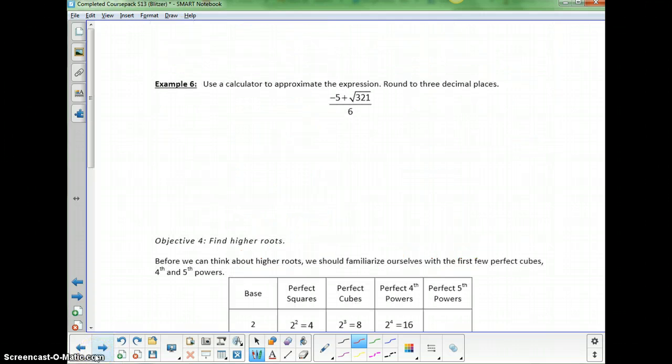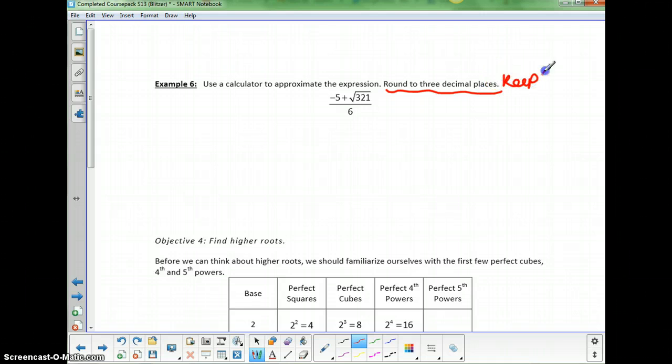Let's use the calculator to approximate this expression. Okay. So, following order of operations, this division bar right here is going to be a grouping symbol. So I'm going to complete the entire top and then divide everything by 6. Now, I want to make sure that my answer is correct to 3 decimal places, which means I need to keep at least 4, a minimum of 4, until I get to my final answer.